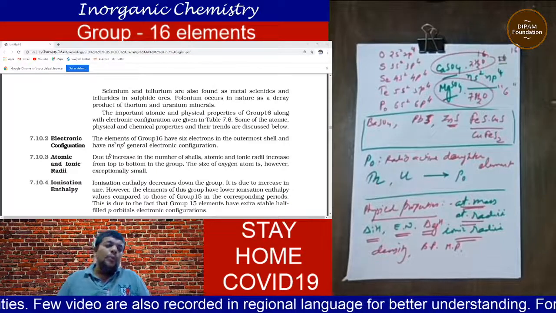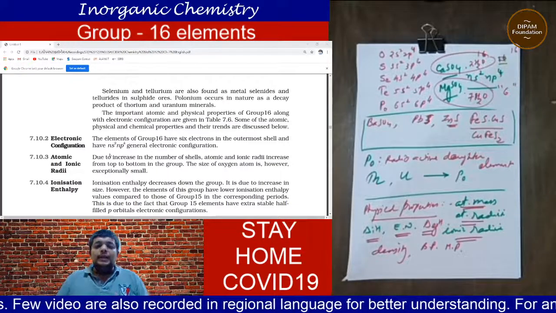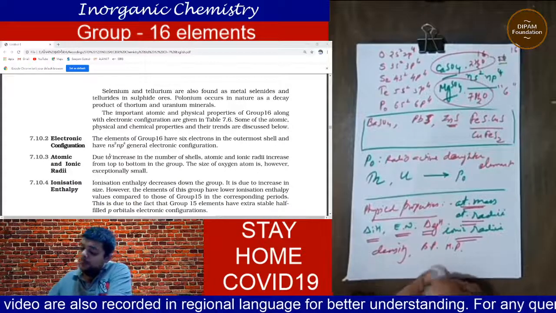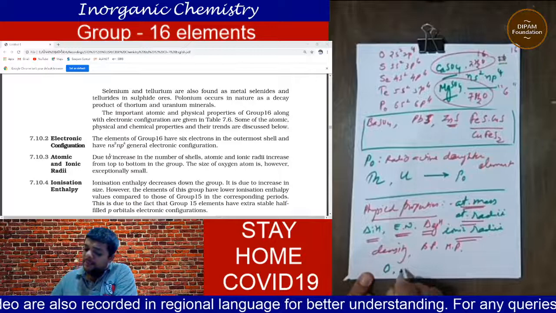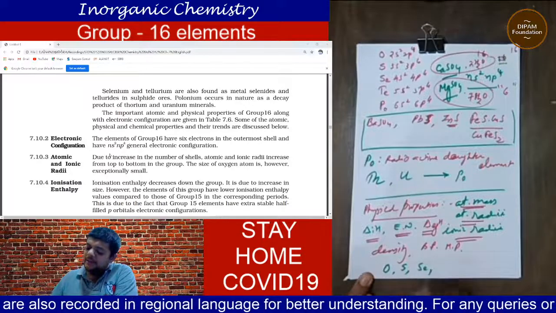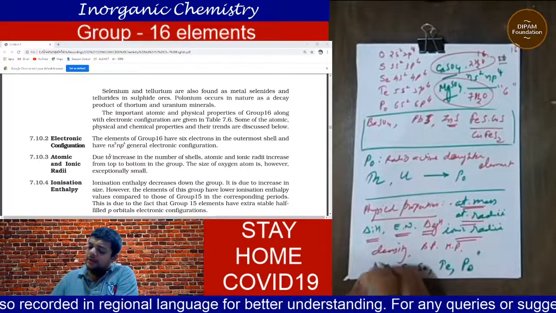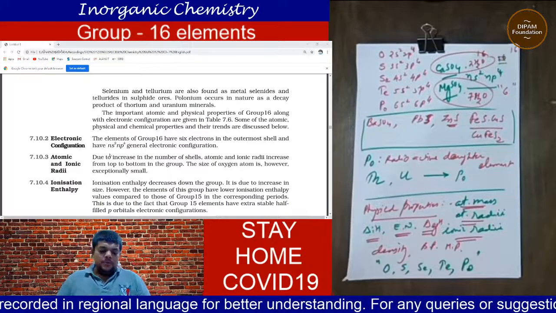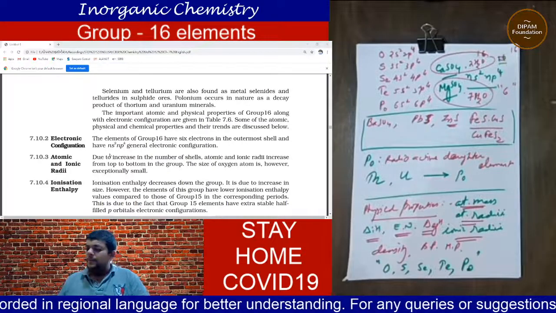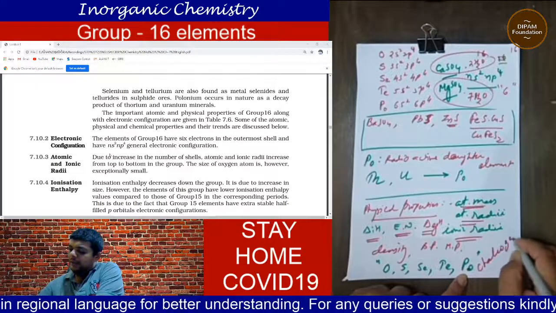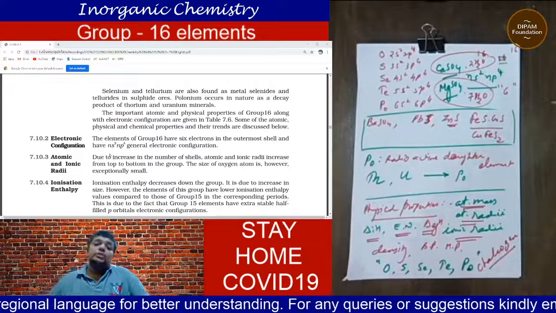One more very important thing that can be included here is that group 16, made up of oxygen, sulfur, selenium, tellurium, and polonium, which we are discussing now, is popularly known by the term chalcogen.